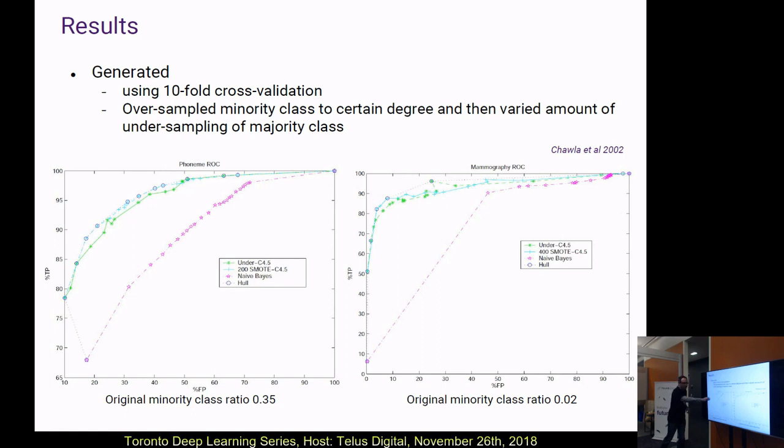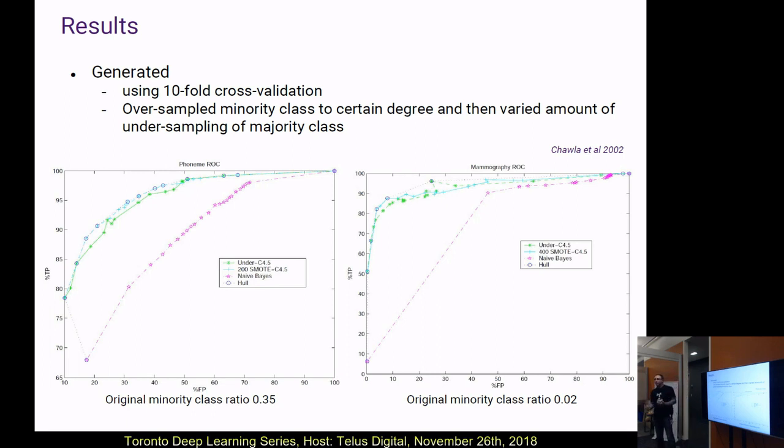And you generate these curves, and in an ideal situation, you want to be at this point here, where you've gotten both classes correct. If you've got a lot of your minority class misclassified, you move this way, and if you've got a lot of your minority class properly classified, you move that way. So you want to be in this section here.